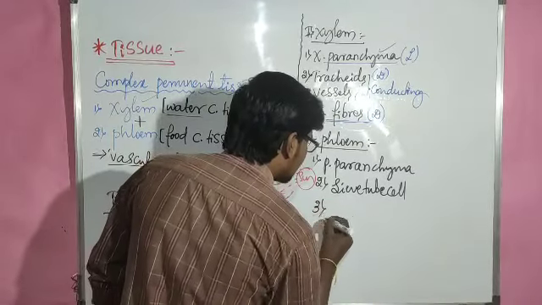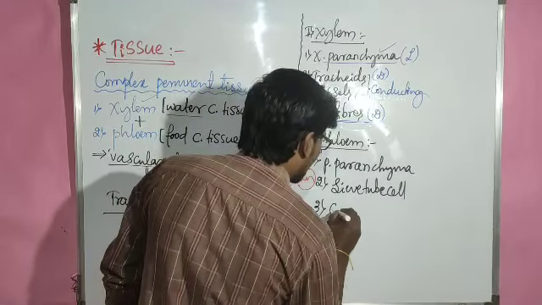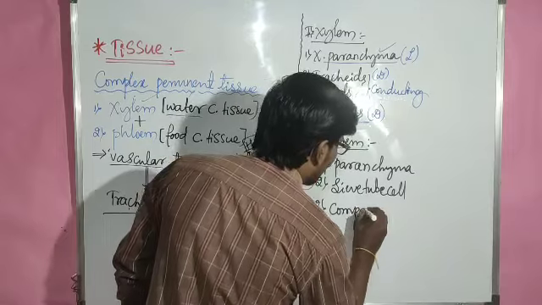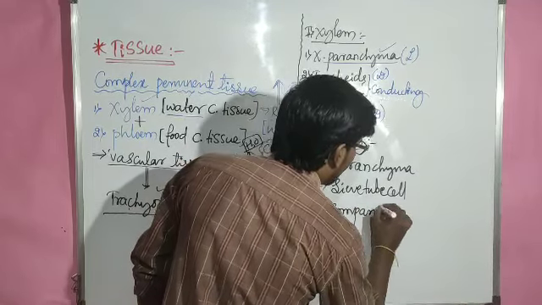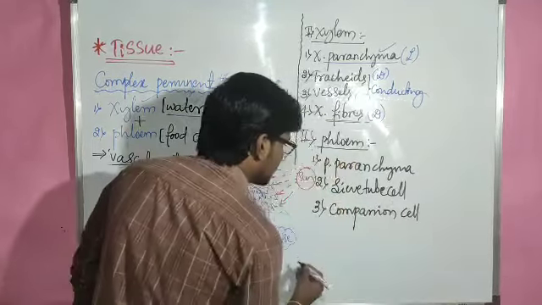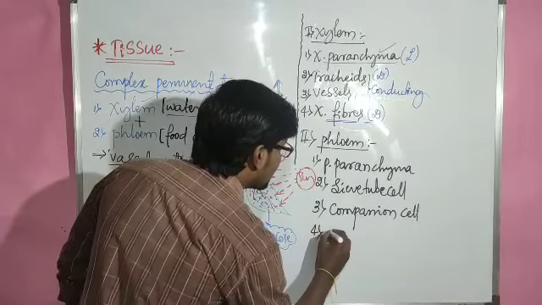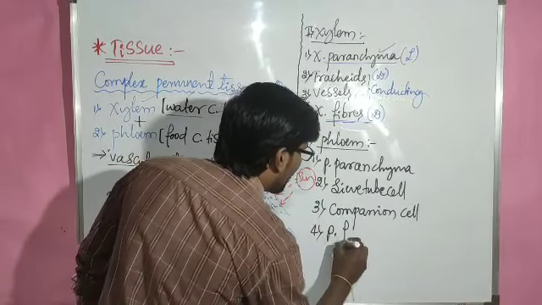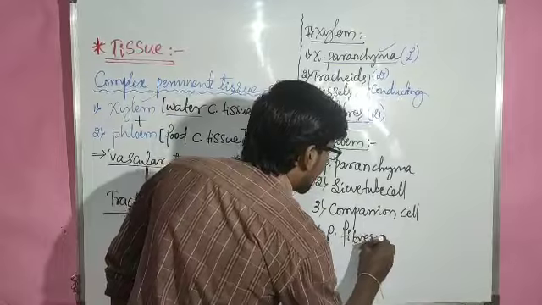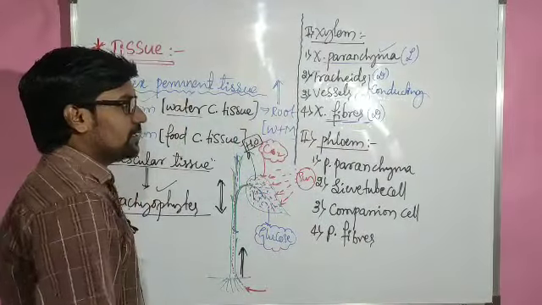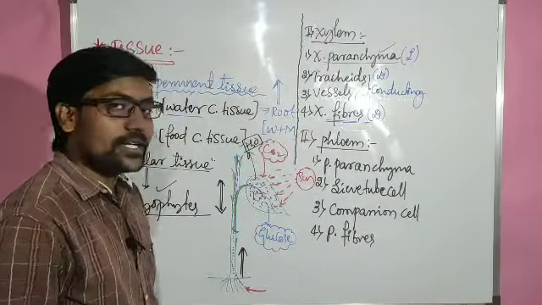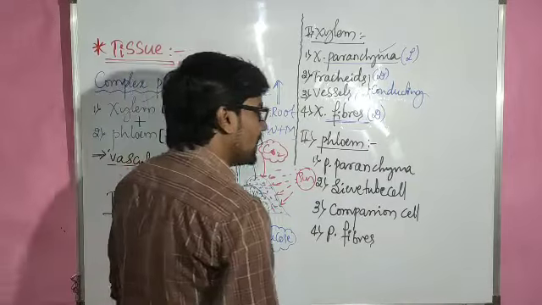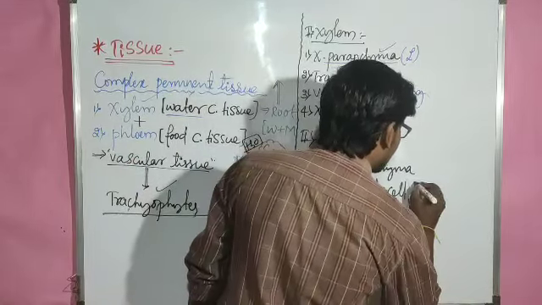The third one is the companion cell, and the fourth one is, as usual, phloem fibers. So these are the 4 components, but the food is actually conducted by the sieve tube cell.